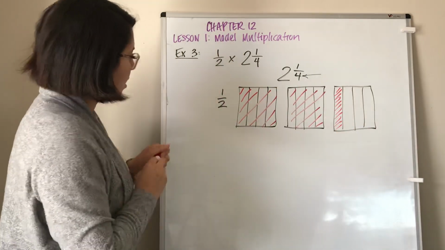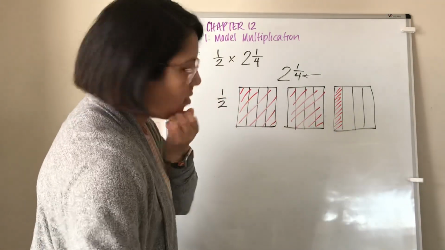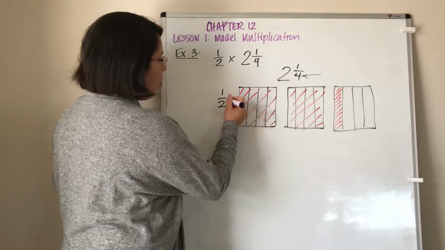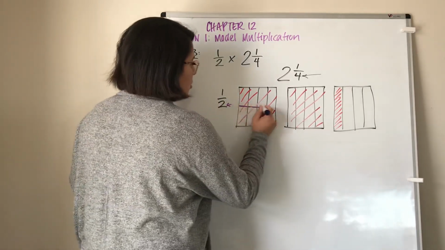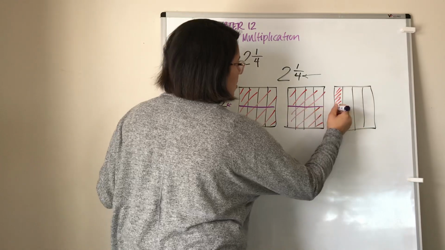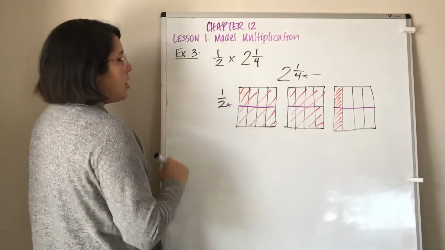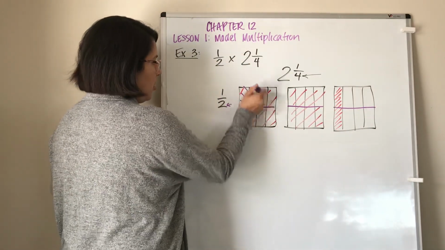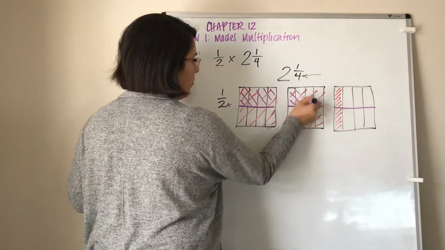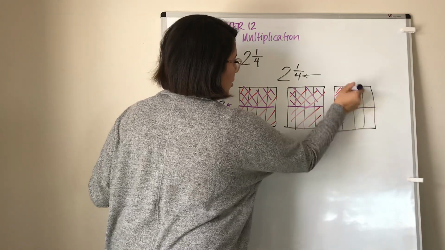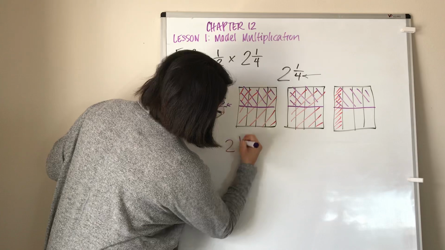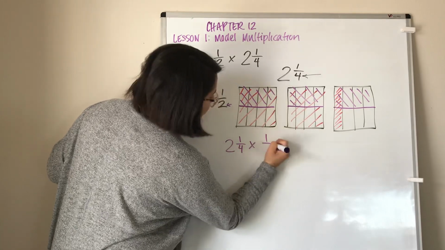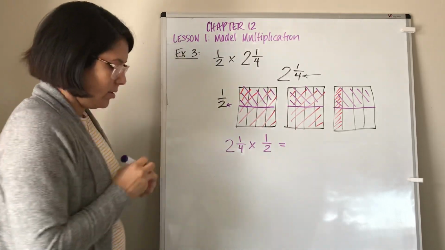Now let's do the 1/2. This 2 tells me how many I need to divide it into. Remember, this is horizontal. And the 1 tells me I'm going to shade just 1 part of them. So 2 1/4 times 1/2 is equal to what?